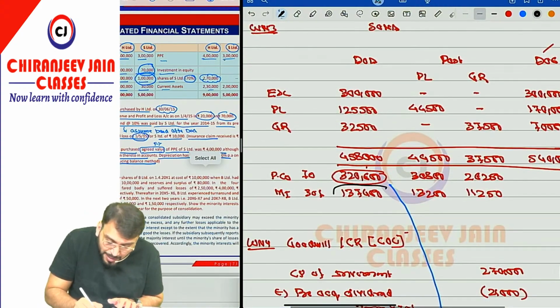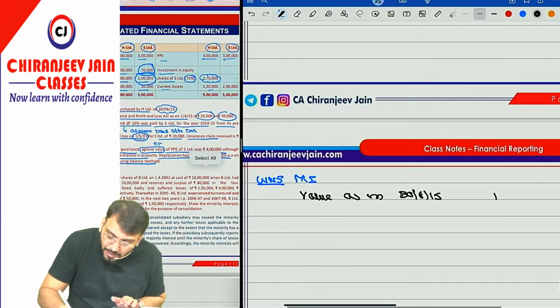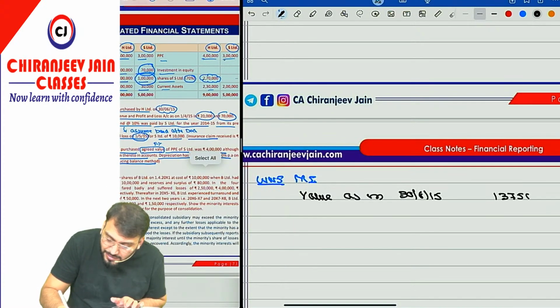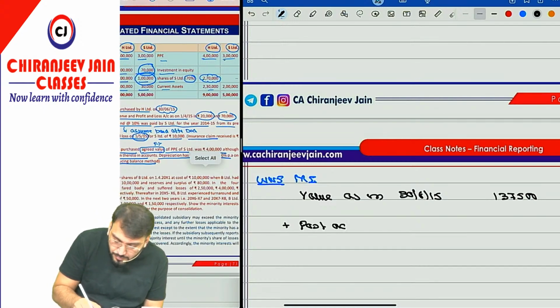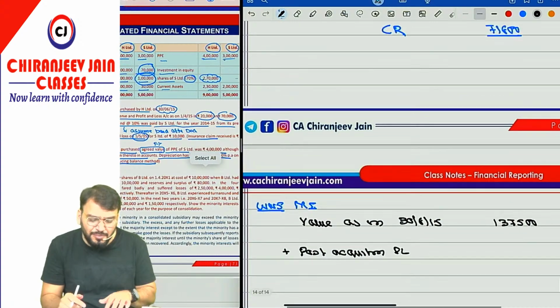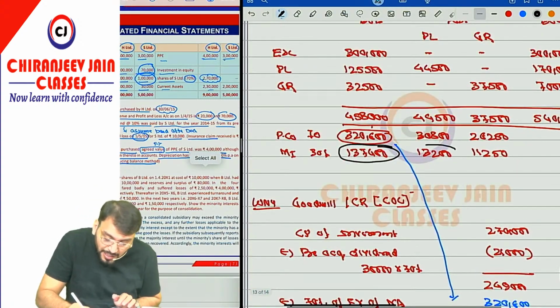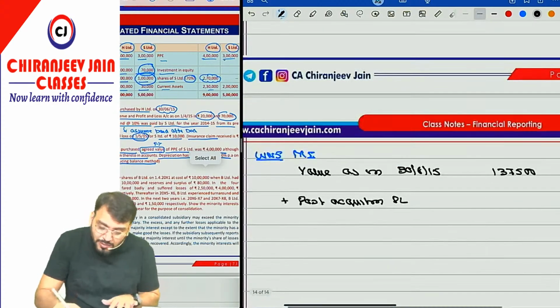This is the value of MI on the date of acquisition, that is 1,37,500. To it, add the share in post-acquisition PL. That will come to 13,200, and 11,250 is the reserve. So add 13,200.